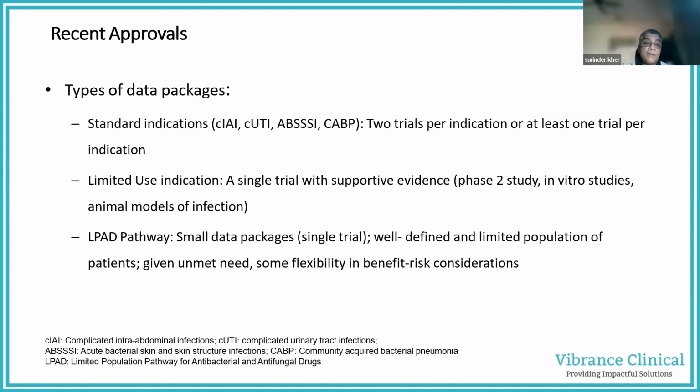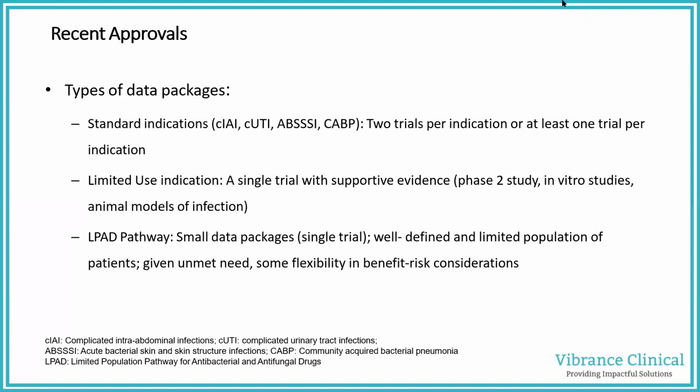Now, it would again depend, because the label would typically drive, and we'll talk about the label as we move forward. The label would define what exactly your trial design is and what kind of trials you would do in terms of developing your program, basically.